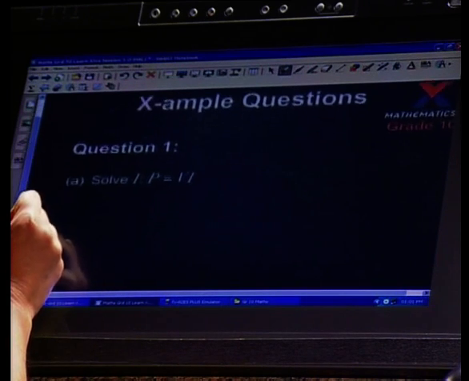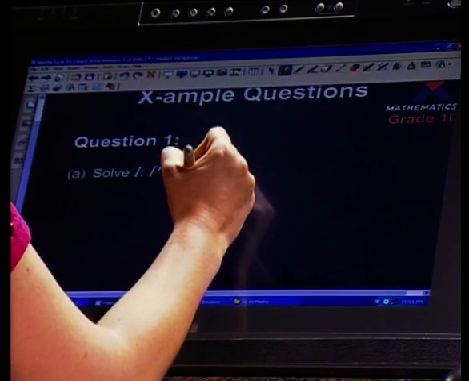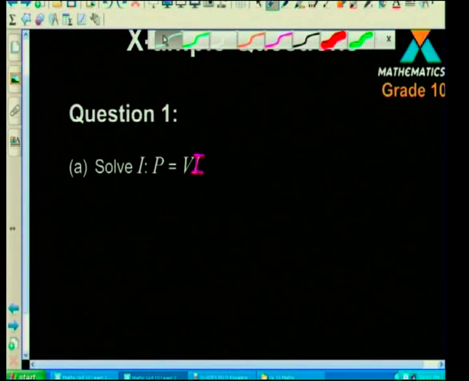Okay, the first question says solve for I. So what I'm going to do is make I a different color quickly. Just makes it easier for me to see what needs to be solved for. So if P is equal to V times I, and I've got to get I alone, it means I need to move V. What is V doing to I?